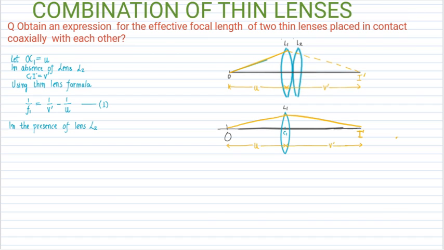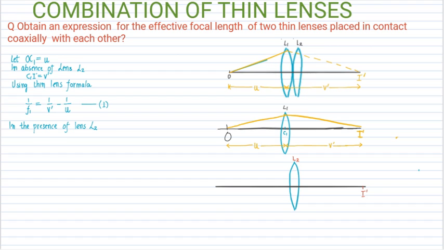The image I dash formed by your lens L1 will act as a virtual object for your lens L2. So let me draw this.